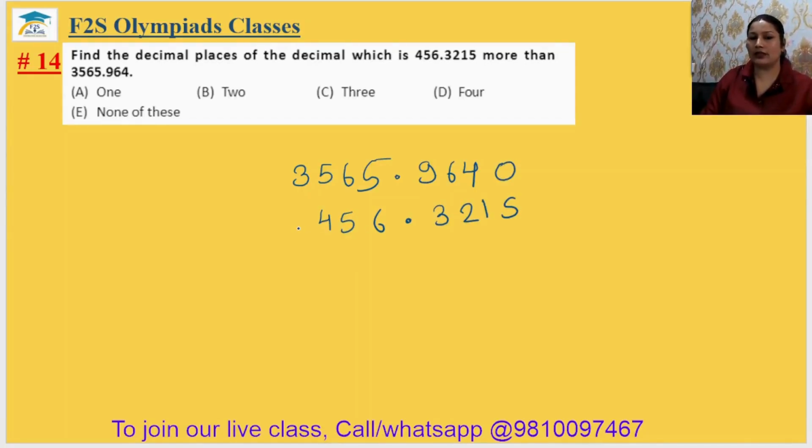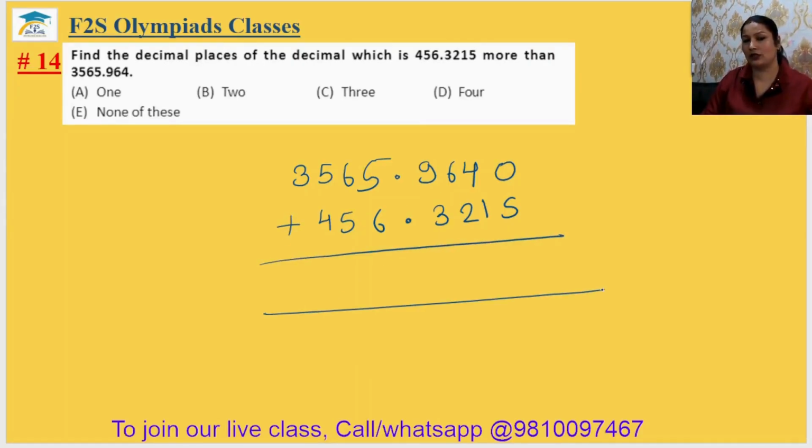In addition and subtraction, the decimal should be just below the decimal. Now it is 5, 5, 8, 2 carry 1, 2 carry 1, 2 carry 1, 0 carry 1, 4. So how many decimal places are there? There are 4 decimal places. So option D. So the 14th answer is option D.